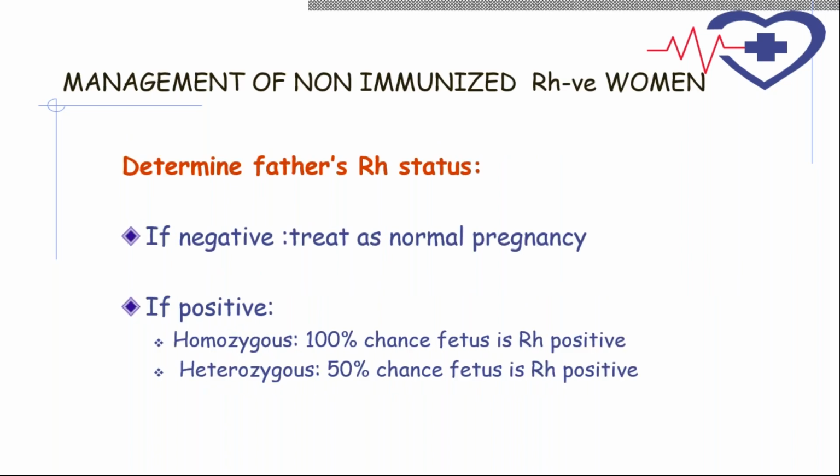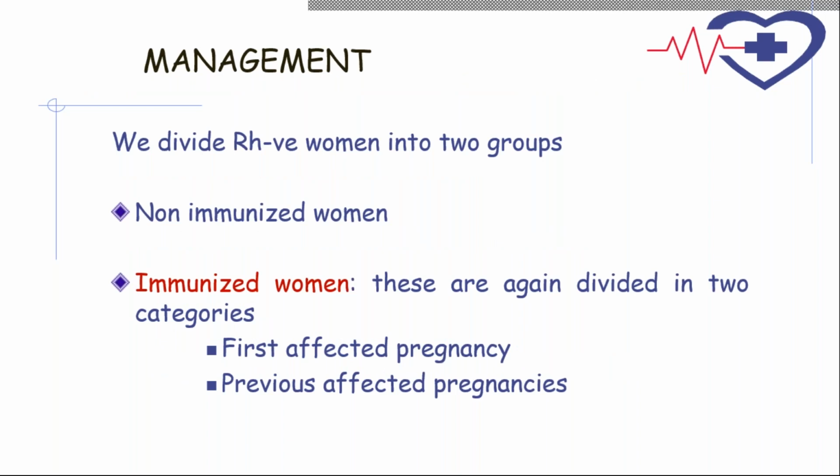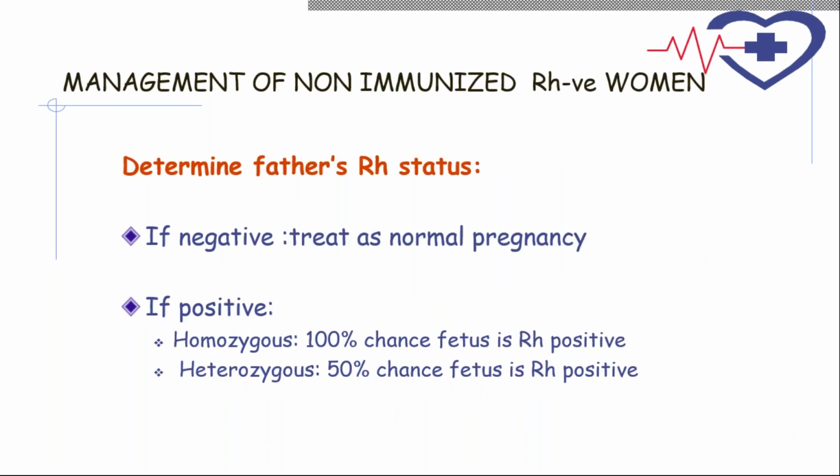Or maybe the previous baby had jaundice, or the previous baby did not have any problem, just mild anemia, but there is documentation in the records of the patient where ICT titers were positive or had crossed critical levels, or the DCT of the baby was positive and the blood group of the baby was positive. That means isoimmunization had occurred in that pregnancy. The fetus may or may not have been affected.